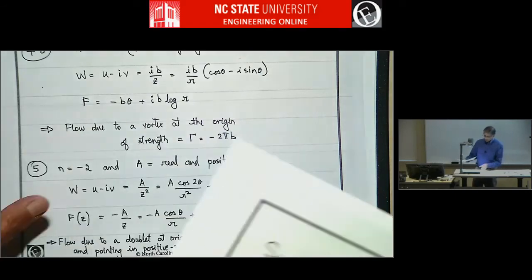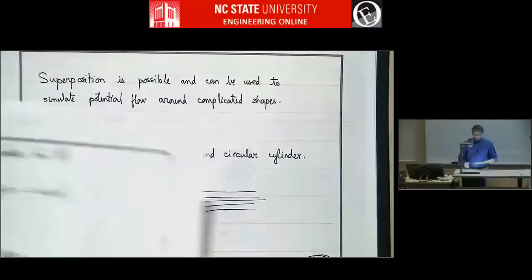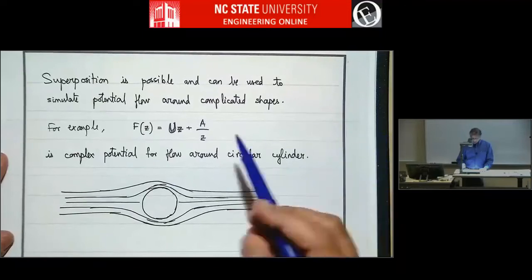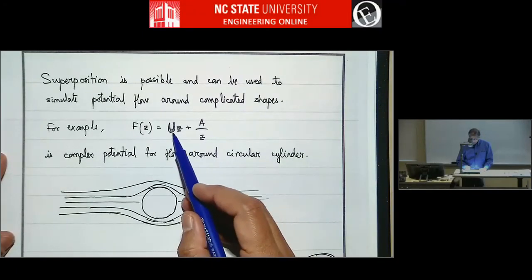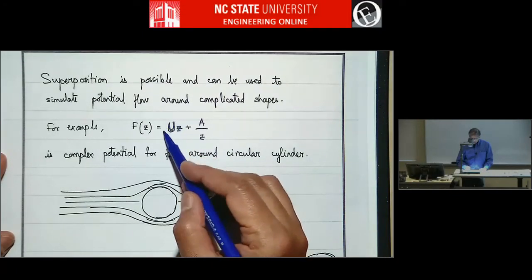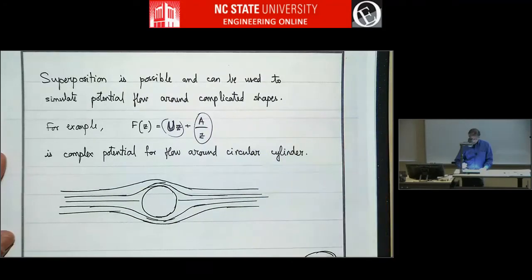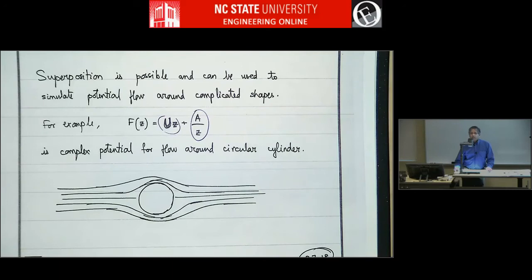And now you can start combining flows. And so superposition is possible. That's because all of these flows satisfy Laplace's equation. That means you can add them up. And so you can simulate potential flow past complicated shapes. For example, if you add the flow due to uniform flow and the doublet, you'll get flow past a circular cylinder.